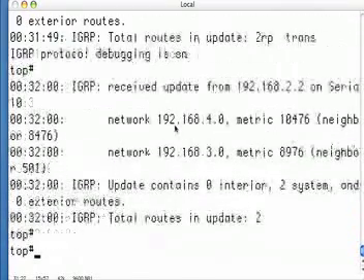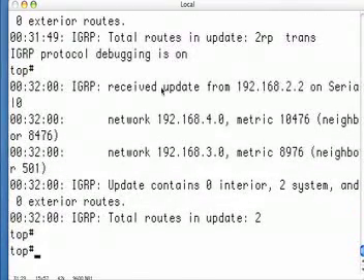Okay. So I've received an update on serial 0. I received 2 networks. I'm looking for an update that I sent out. And that might take up to 90 seconds to occur.